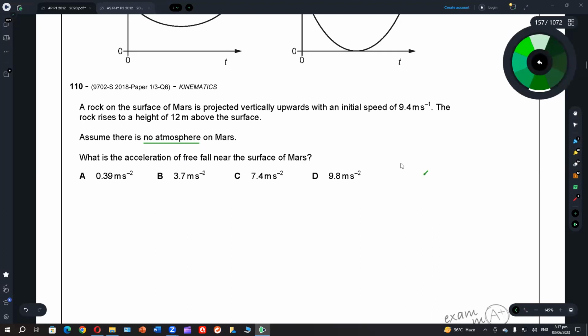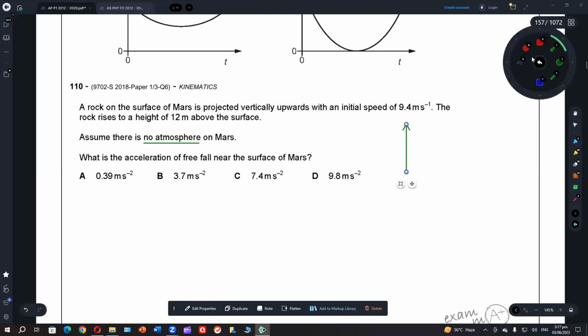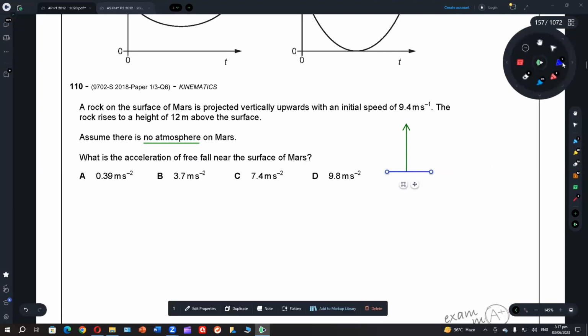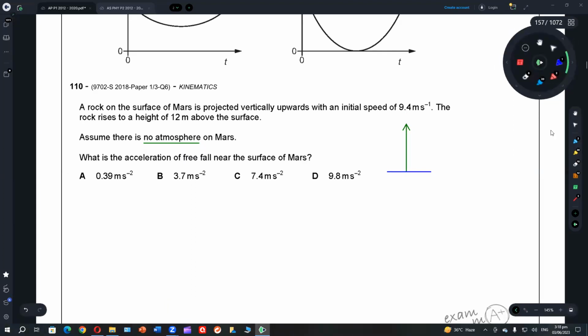So we can use an equation of motion for this question. We have to first make an idea here. What formula suits here?